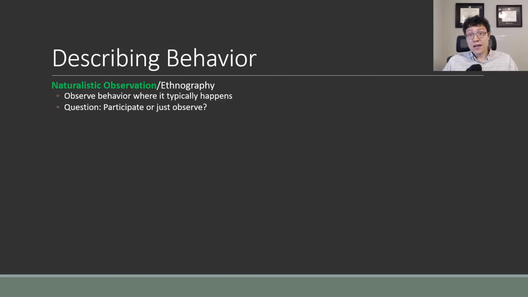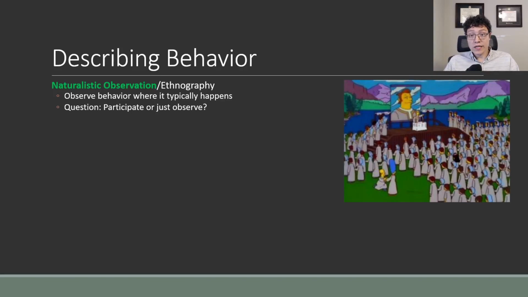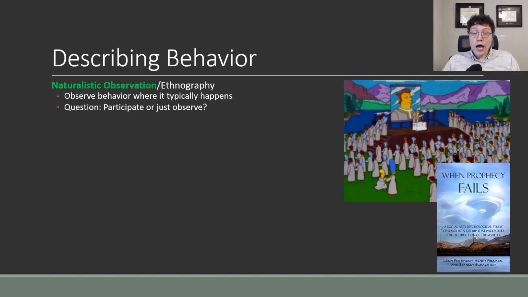A very famous psychology experiment in social psychology by Leon Festinger involved joining a cult. Dr. Festinger actually went into a group of individuals who believed that the world was going to end on December 21st, 1956. He joined this cult a few weeks earlier, and he wanted to see what happens, as the book title says, when prophecy fails, when this prophecy doesn't come true.